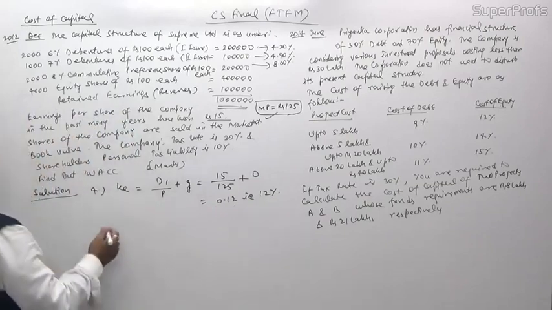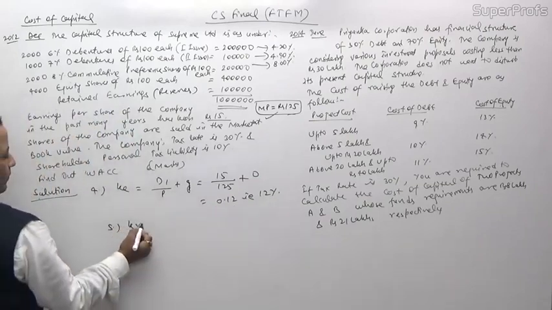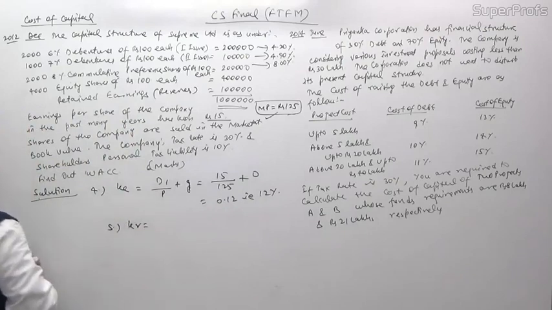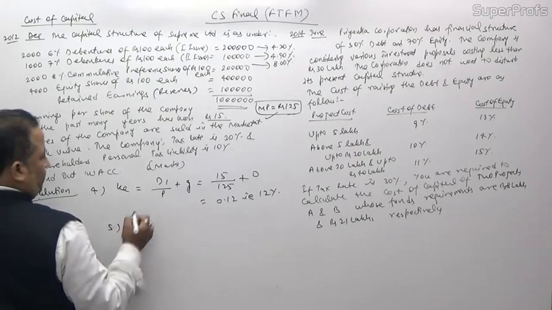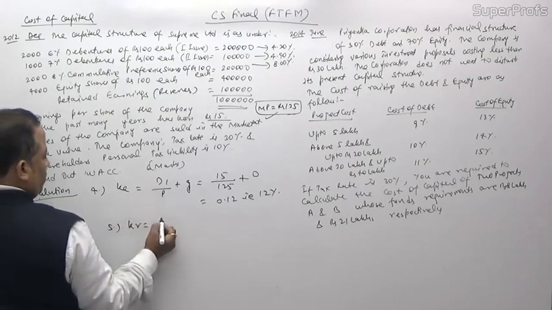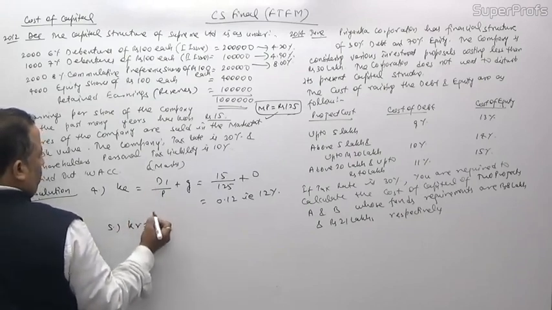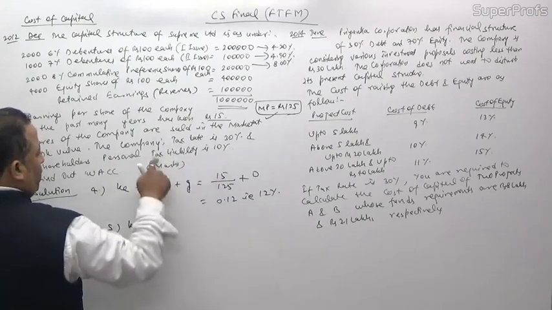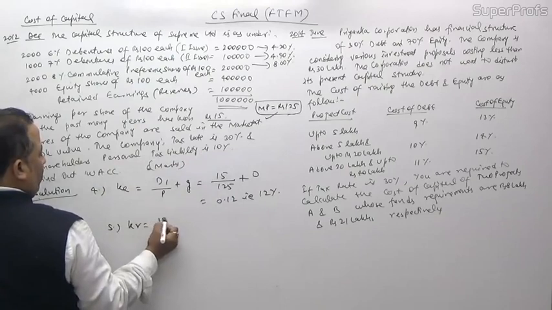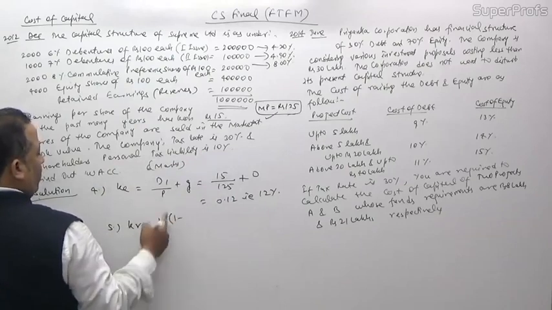And the cost of reserves. The cost of reserves is the same as the cost of equity, but the shareholders' personal tax liability is 10%. So 15 rupees is the earning.